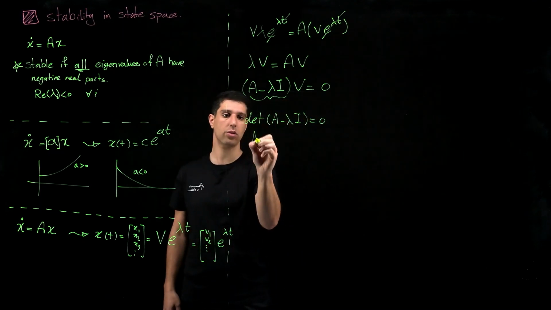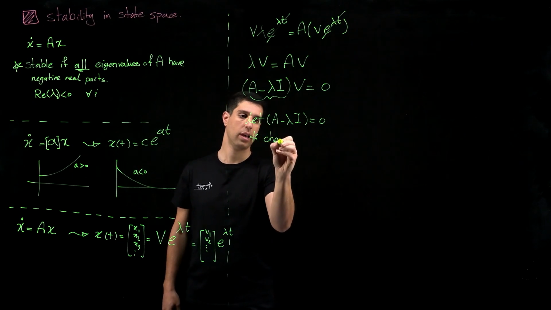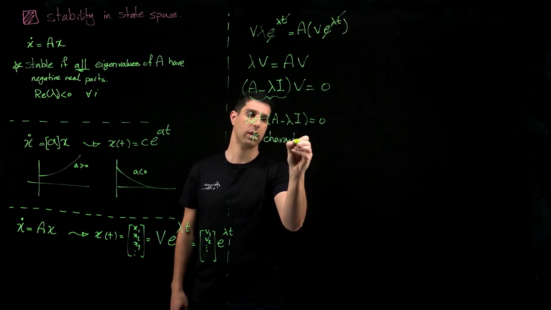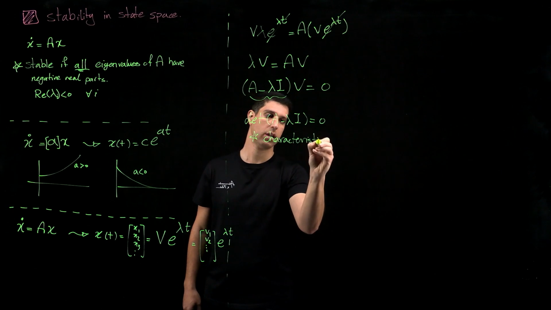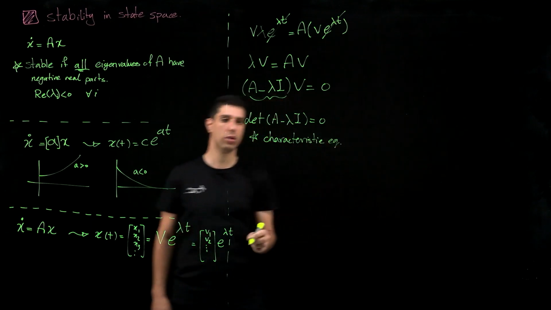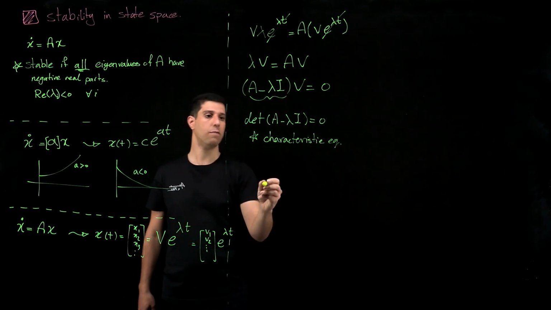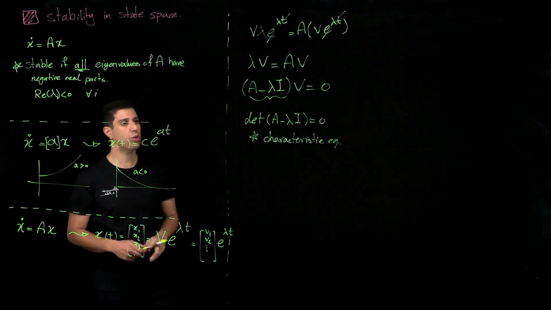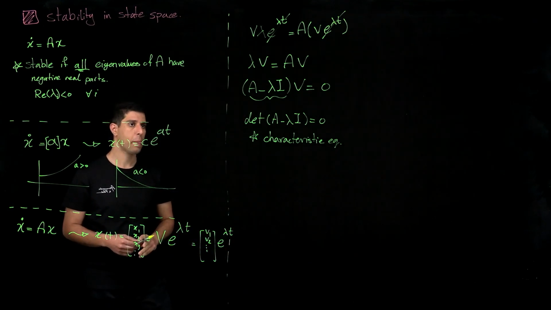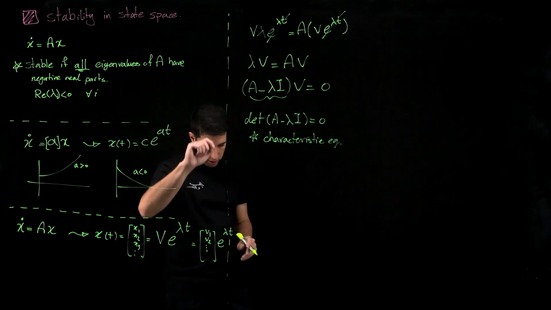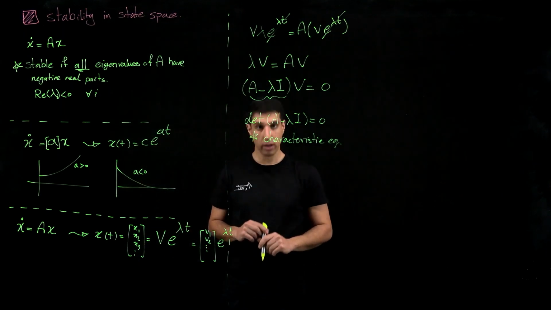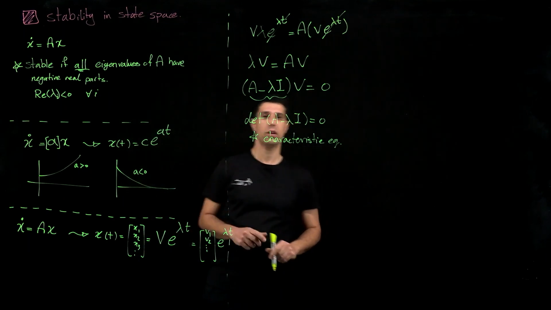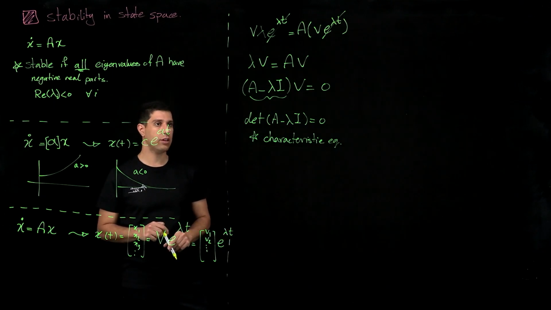And this is the polynomial equation that we can solve to find the eigenvalues, or lambdas. This one is also called the characteristic equation or characteristic polynomial of matrix A or of the system. So we can solve this to find the eigenvalues.